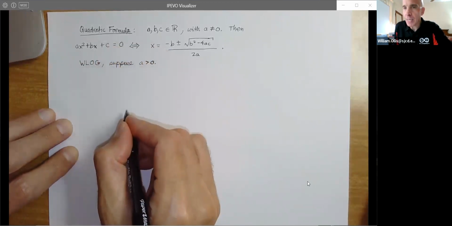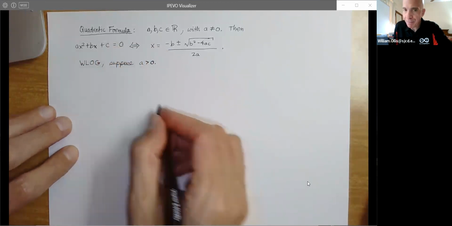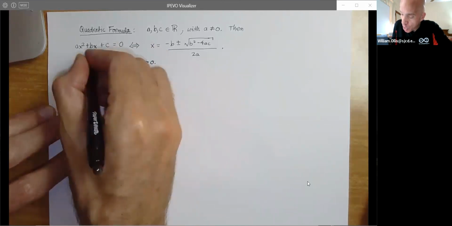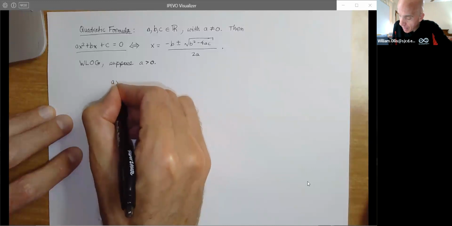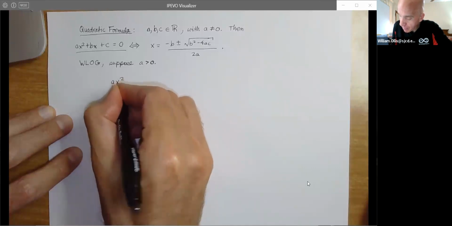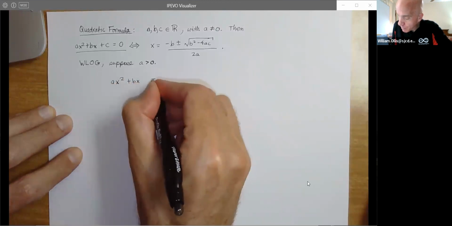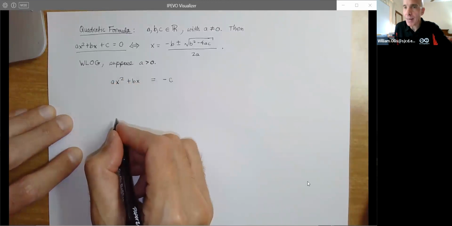And if it were negative, we could multiply by -1, so that won't be an issue for us. Now what we want to do is to complete the square. So we start with this equation here. So we have A x squared plus bx equals negative c. So we just transpose the c to the right-hand side.